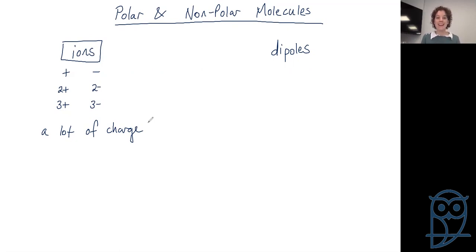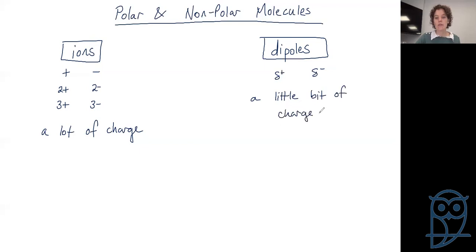When we're talking about dipoles, this is where we're talking about delta plus and delta minus. Okay, so the delta stands in for just a little bit. So these ones have a little bit of charge. If you think back again to your ions versus your dipoles, when we're talking about ions, we're talking about that whole thing between the nucleus of the atom and the electrons.